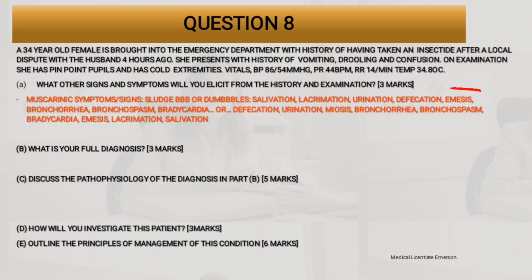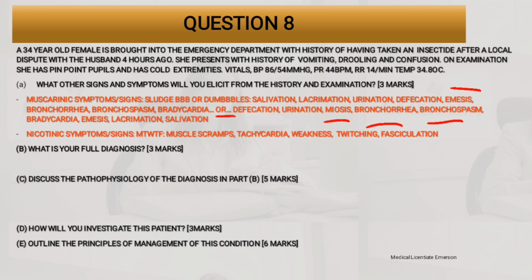And for the DUMBBELS, this is just the same muscarinic symptoms or signs. It can be defecation, urination, miosis, bronchorrhea, bronchospasm, bradycardia, emesis, lacrimation, salivation. That is the muscarinic symptom that you might elicit.